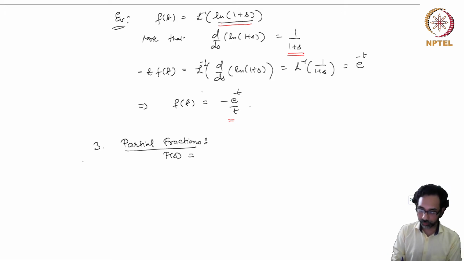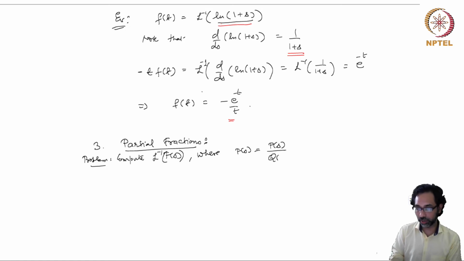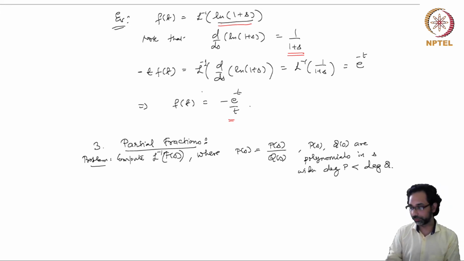So the problem is to compute L inverse of F(s), where F(s) is given by a quotient P(s) over Q(s), where P(s) and Q(s) are polynomials in s, with the degree of P less than the degree of Q.